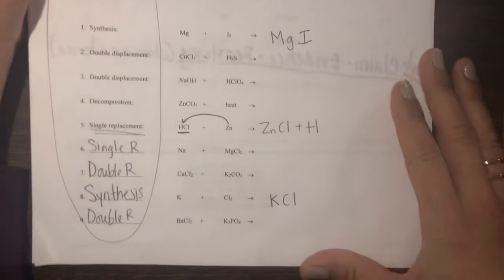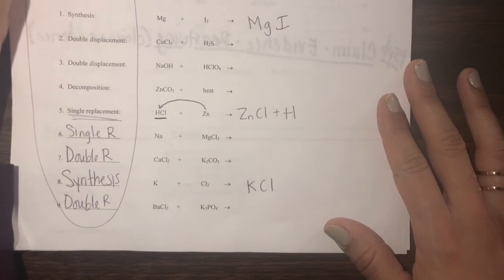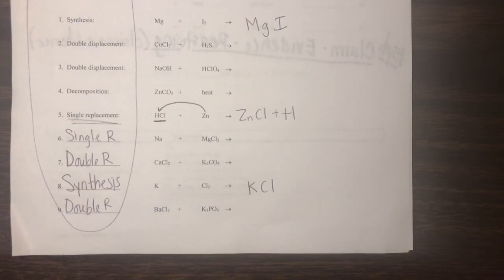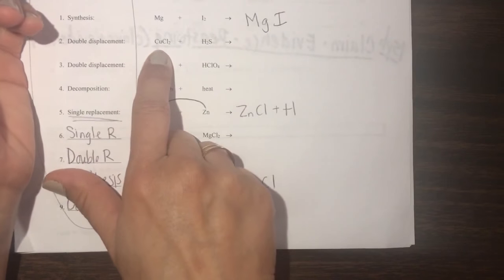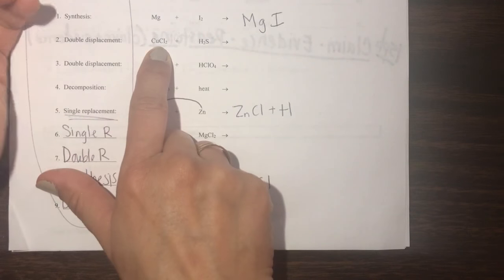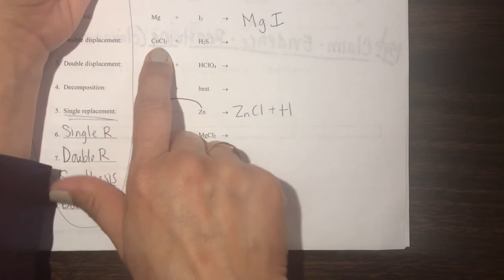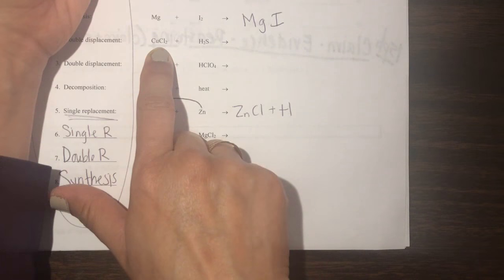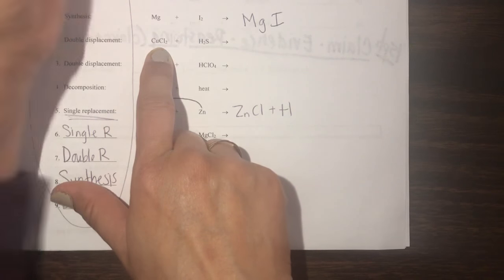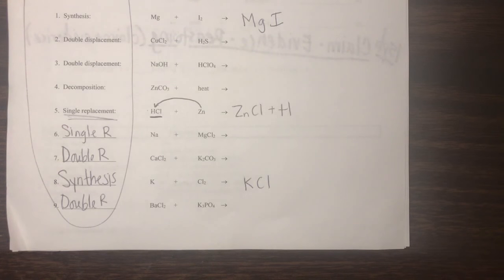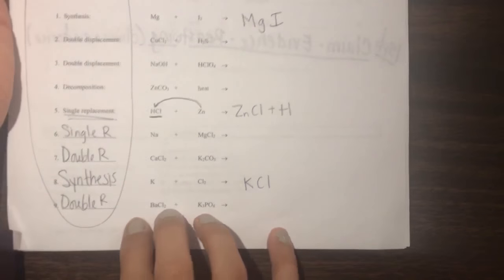Okay, let's predict the product for a double displacement. On double displacement, everyone changes places with everyone. So number 2, copper is with chloride.